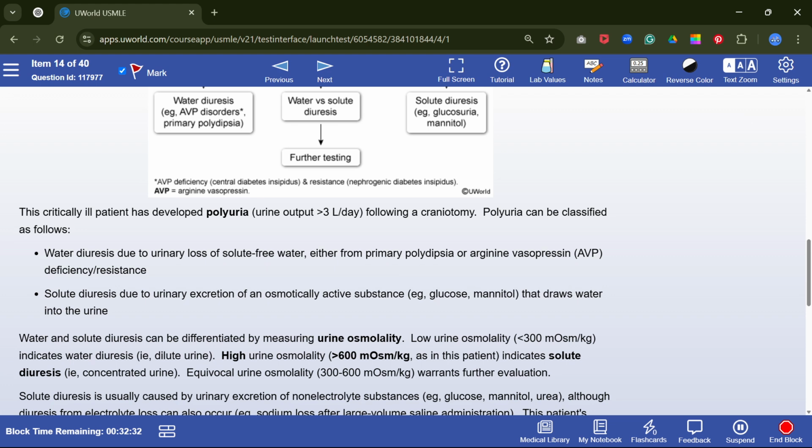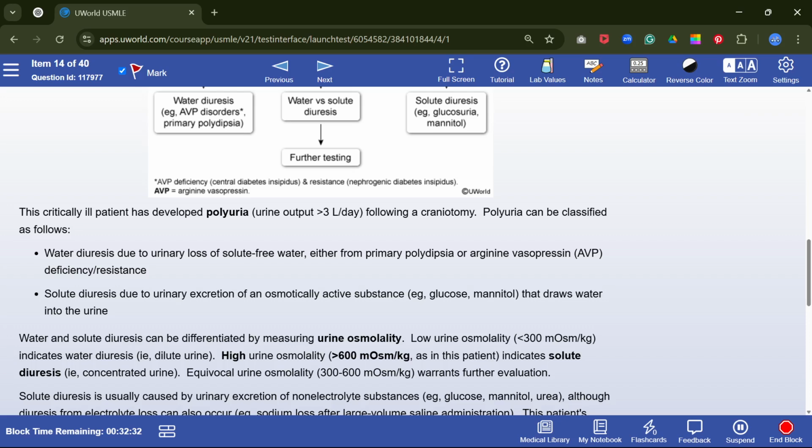Water and solute diuresis can be differentiated by measuring urine osmolarity. Low urine osmolarity, less than 300 milliosmol per kg, indicates water diuresis, dilute urine. High urine osmolarity, more than 600 milliosmol per kg, as in this patient, indicates solute diuresis, concentrated urine.